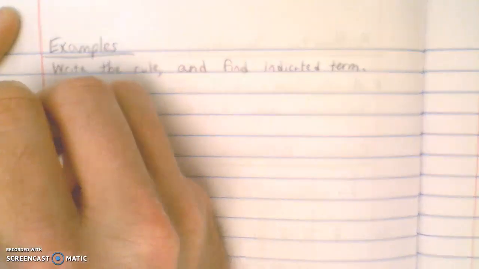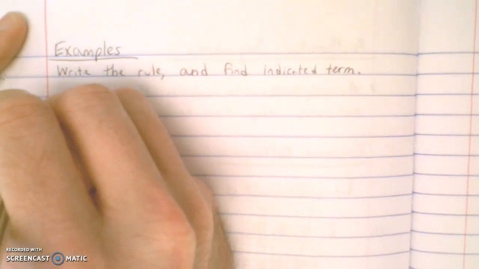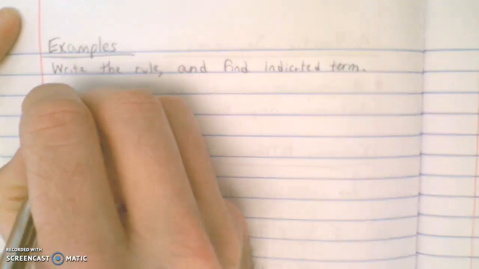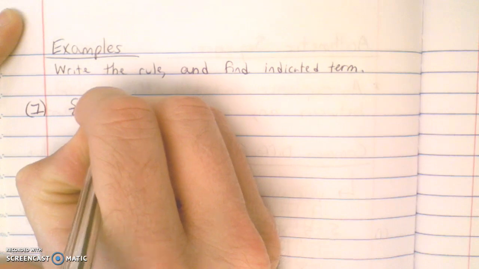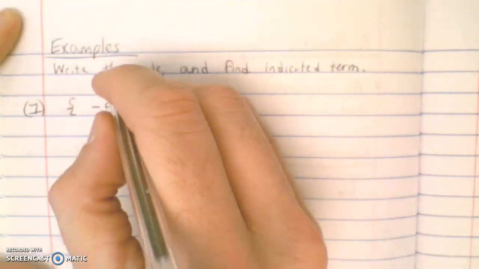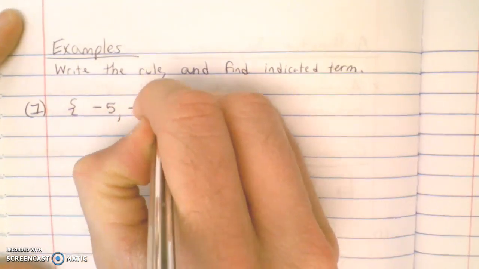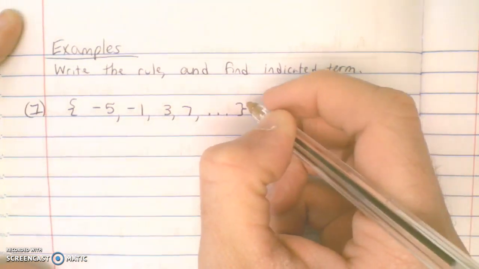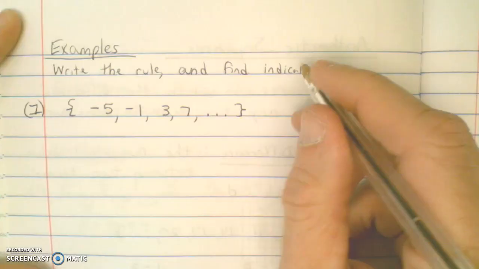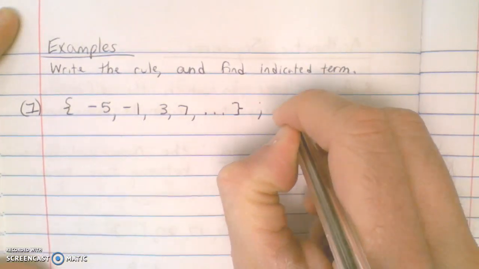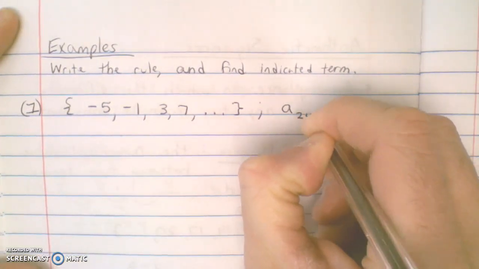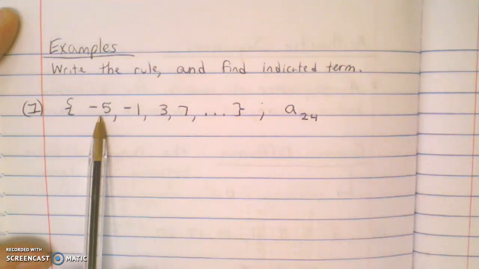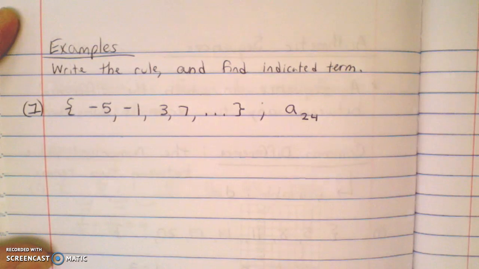So let's say that this is our sequence. I've got -5, -1, 3, 7, ... And they ask for a sub 24. So what this means right here is that they're looking for the 24th term. So if I kept going, the 24th term in that list.